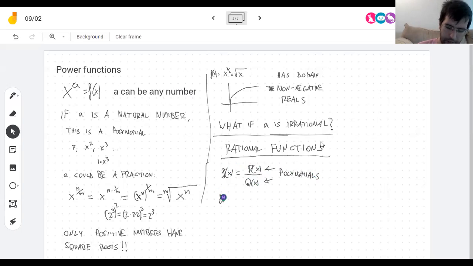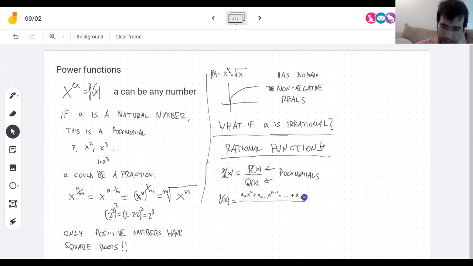Maybe I'd rather write out the polynomial. I don't know how long this sum is, so I'm just going to call them the n something. I don't know the degree of this polynomial.